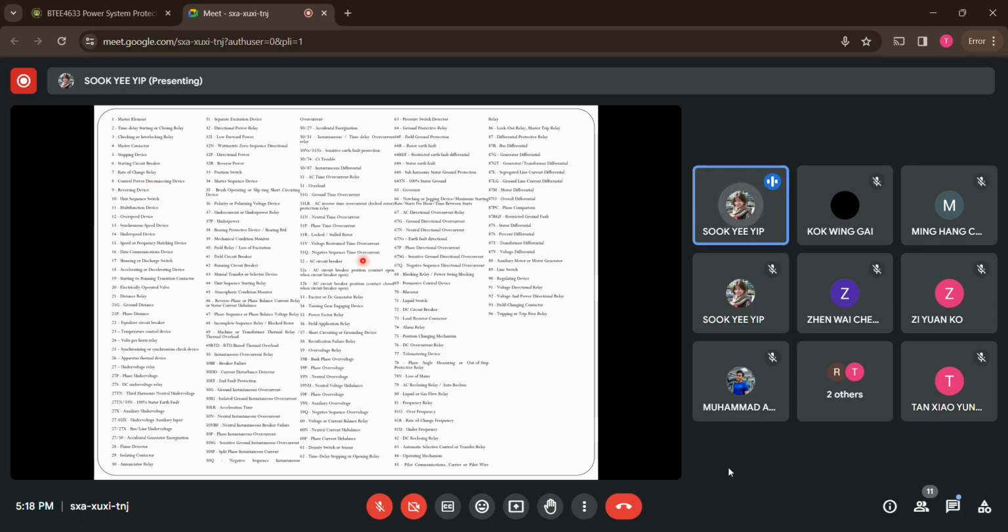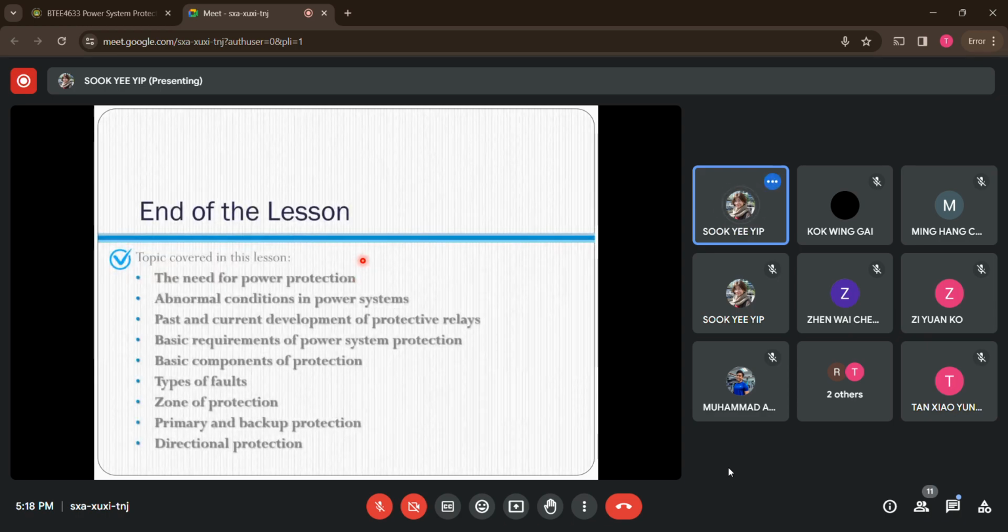So now we are reaching the end of today's lesson, chapter 1, whereby we have talked about why there's a need for power system protection. Because we want to reduce the downtime, reduce the damage, and ensure the safety of the people. And we don't want to have a power outage. Remember, with only a few days of blackout, it can cause loss of money in GDP as well as inconvenience to us.